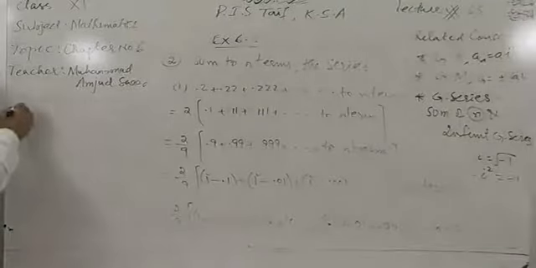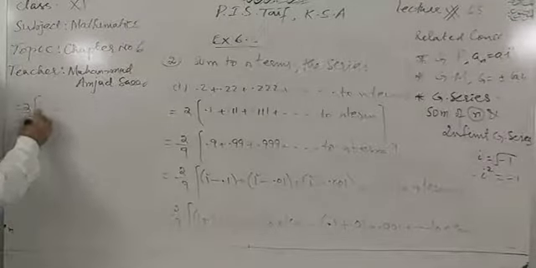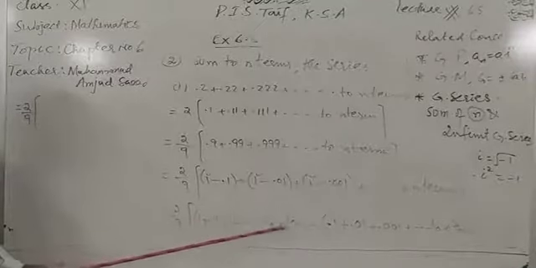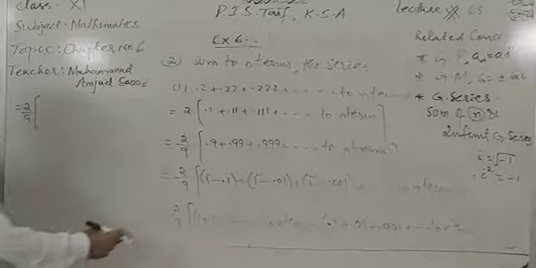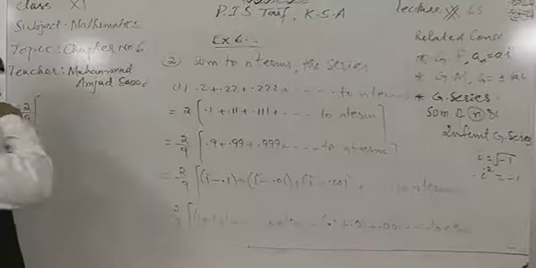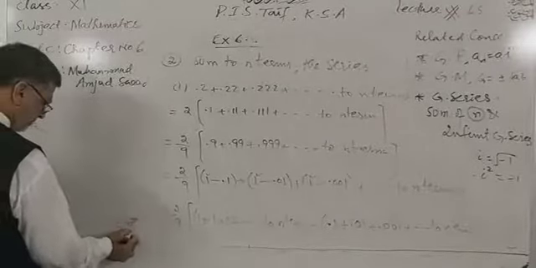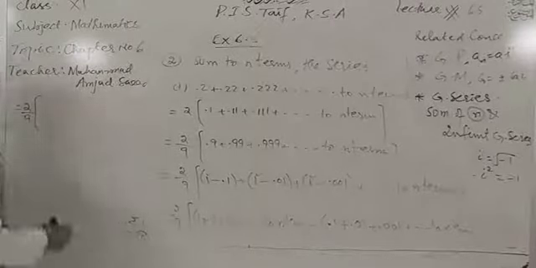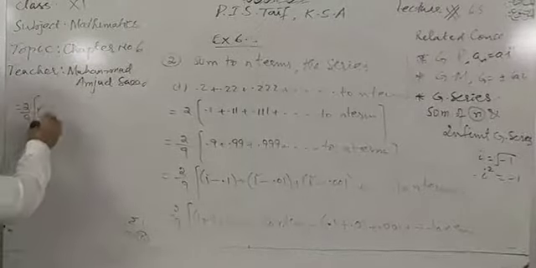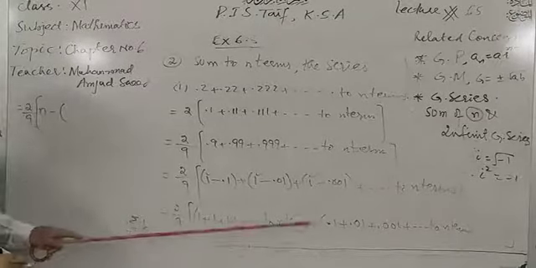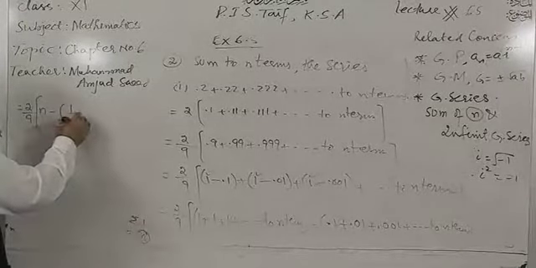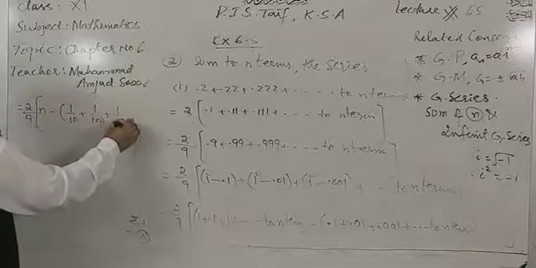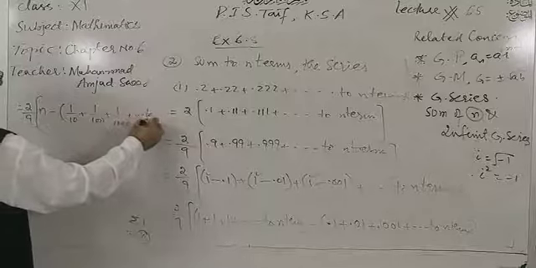Yes, this is 2 over 9. Dear students, this is 1 plus 1 plus 1 up to n terms. Actually, it is equal to sigma 1, and sigma 1 is equal to n. So we have n minus, this 0.1 can be written as 1 over 10, 0.01 is 1 over 100, 1 over 1000 plus so on to n terms.